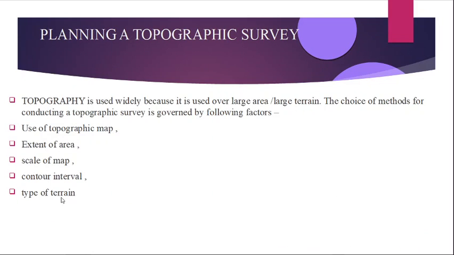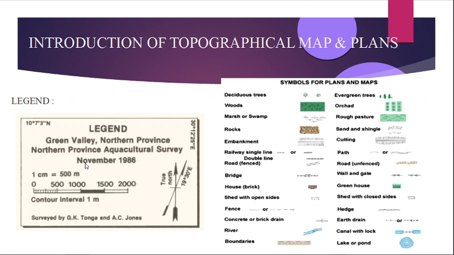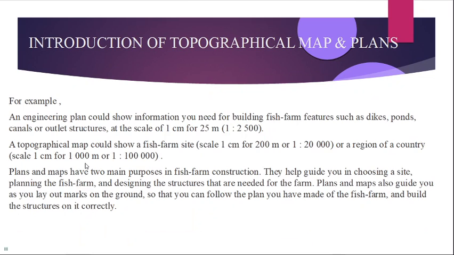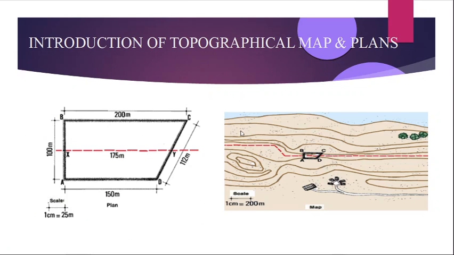Now, the next point is type of terrain. Let's take a look. Suppose this is a terrain, and here the scale equals 1 centimeter equals 200 meter, that is, the representative fraction RF equals 1 is to how much?